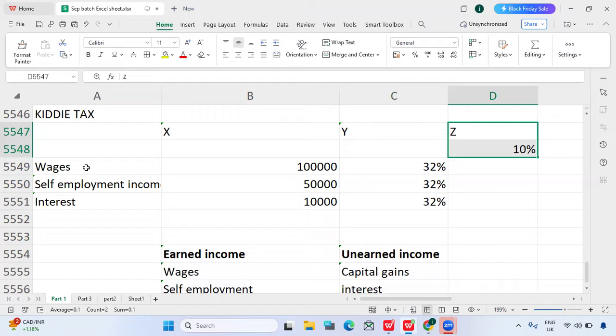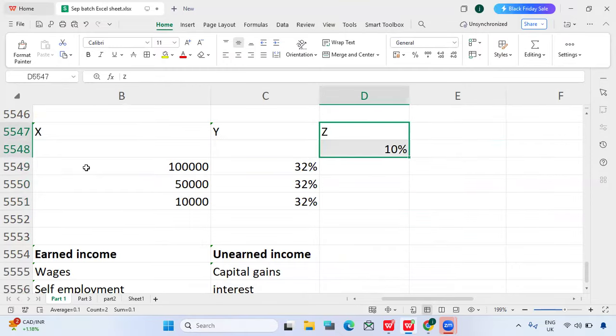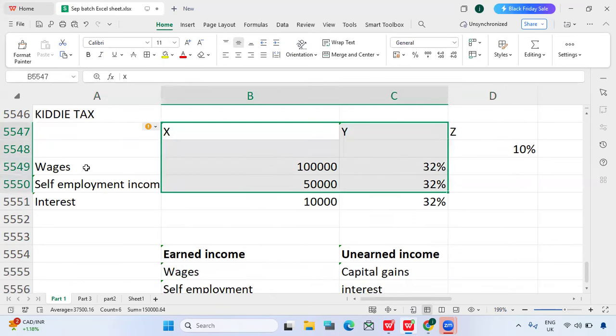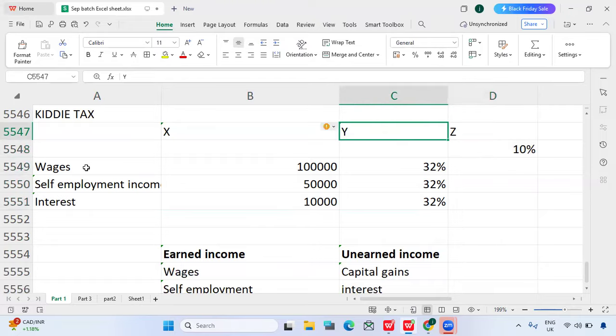So is it reasonable? No, because this is unearned income. If it is earned income, then Z can pay 10%, that is fine. But this income they have intentionally transferred in the name of Z, who stands at the 10% tax slab, so Z will pay less taxes. In that case, the IRS came up with a rule which is the kiddie tax.